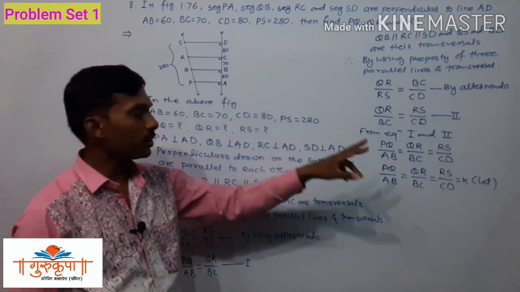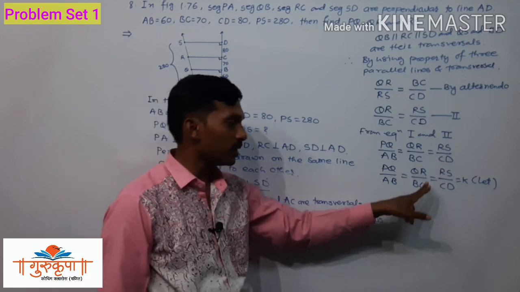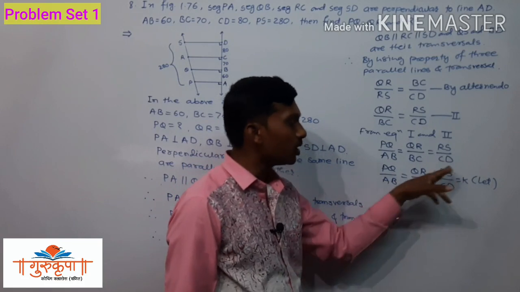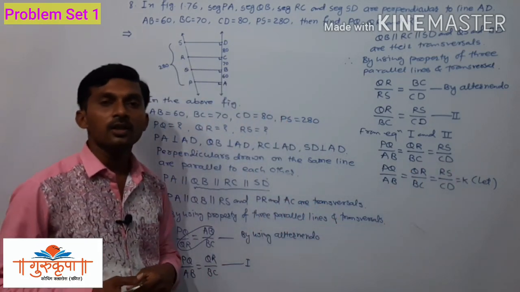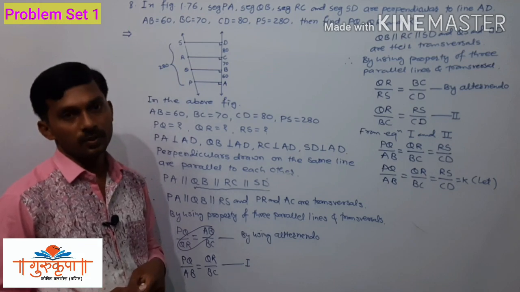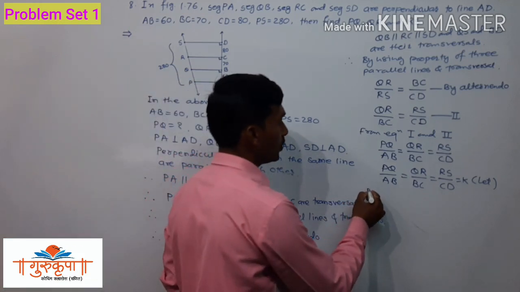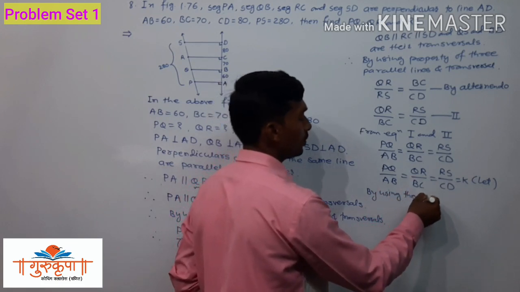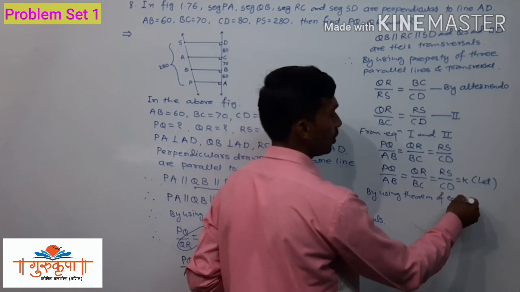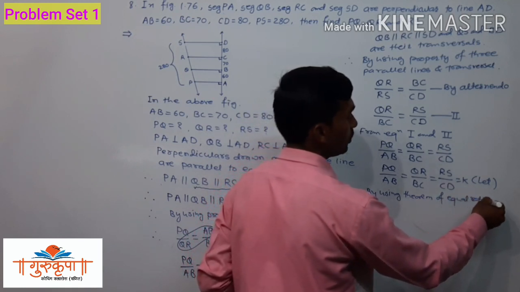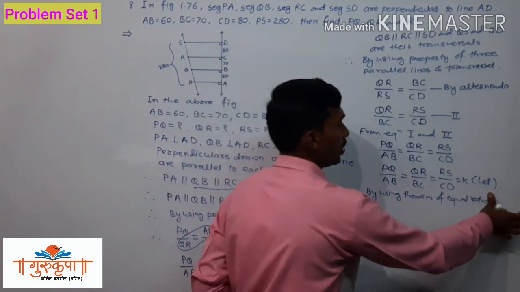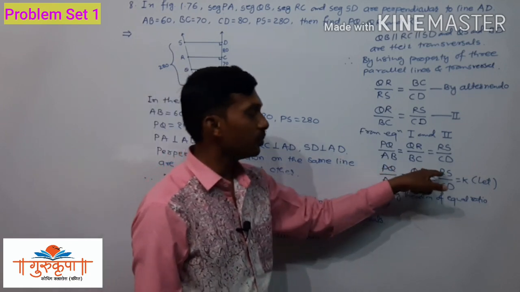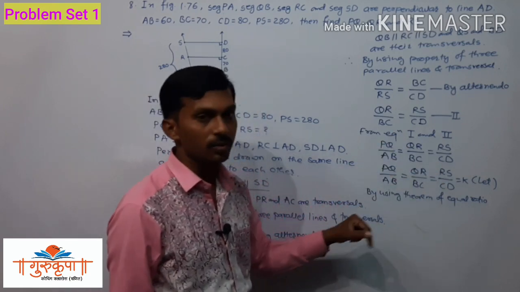PQ upon AB, QR upon BC and RS upon CD are already equal, and we take one more ratio which is equal to all the three ratios, since we have to use the theorem of equal ratio. How to use the theorem of equal ratio? By using the theorem of equal ratio, we can add the numerators into the numerator and denominators into the denominator.